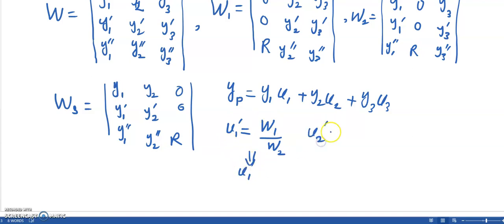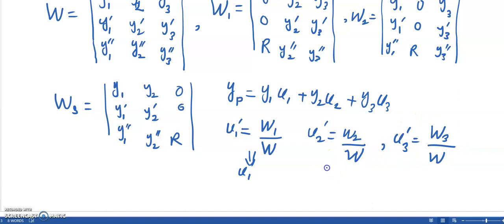Similarly, u2 prime will be equal to W2 over W, and u3 prime will be equal to W3 over W. Okay, so from here we can find u2 by integration. From here I can find u3 by integration. Okay, so in this way the procedure will work.